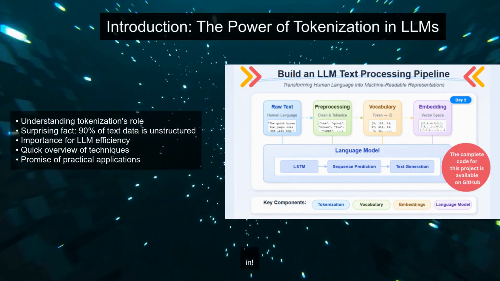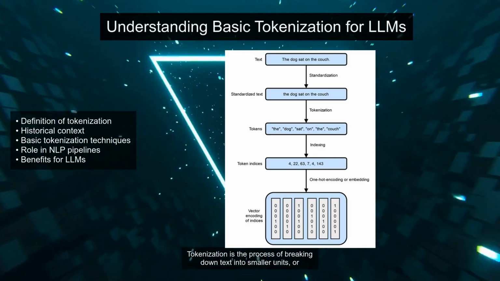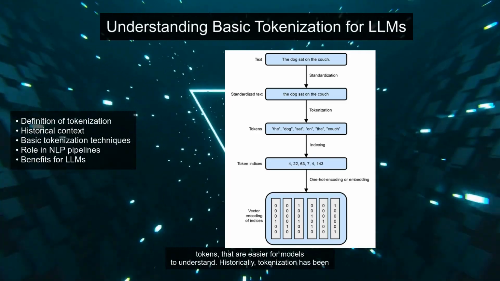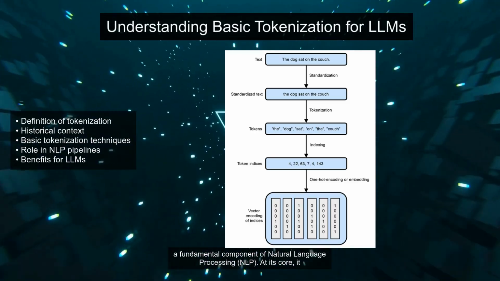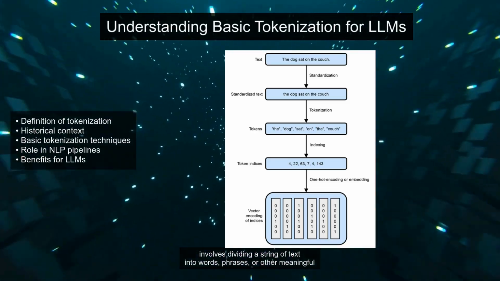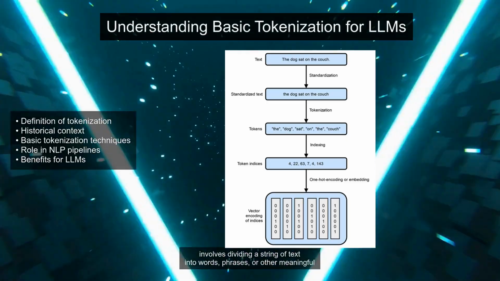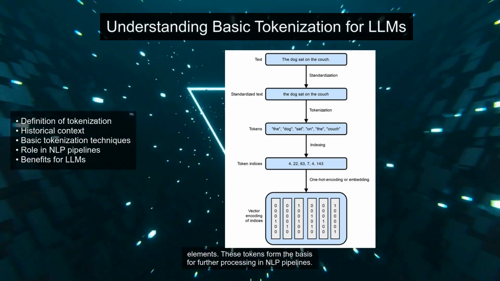So, let's dive in. Tokenization is the process of breaking down text into smaller units, or tokens, that are easier for models to understand. Historically, tokenization has been a fundamental component of natural language processing, NLP. At its core, it involves dividing a string of text into words, phrases, or other meaningful elements. These tokens form the basis for further processing in NLP pipelines.